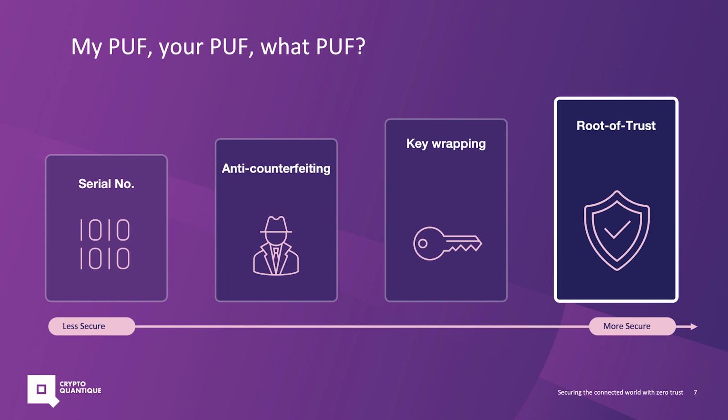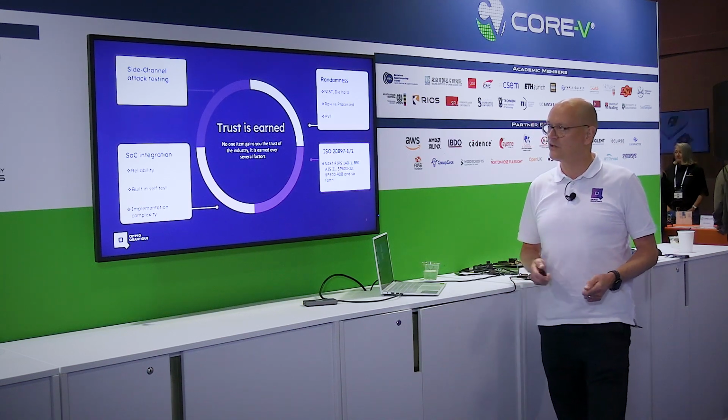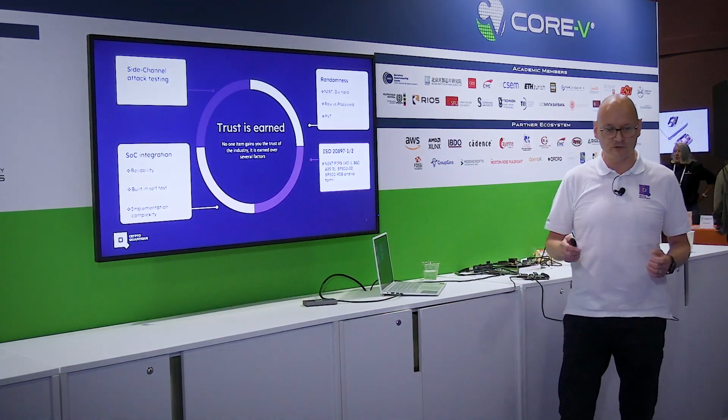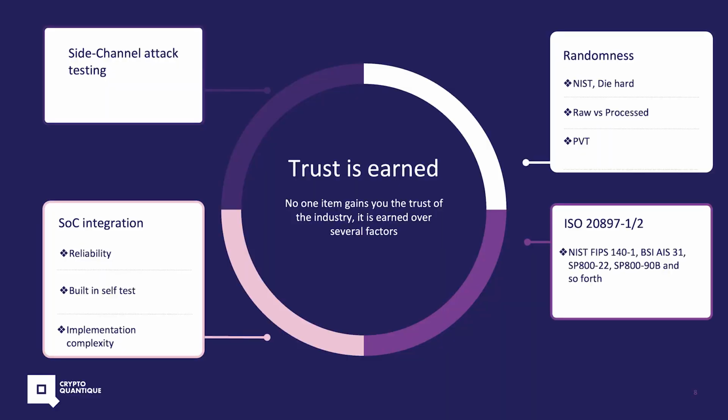There are a lot of things you need to consider if you're going to use it as a root of trust. One of the challenges we've found customers face when turning a PUF into a secure root of trust is the lack of defined testing. There's no real defined process to get you to that root of trust.